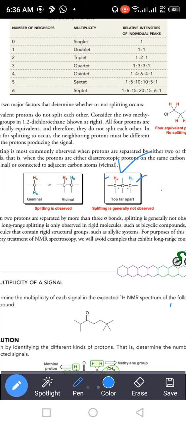So we say that these two protons generally do not split each other. Distance is far away. Generally speaking, when two protons are 2 sigma bonds or 3 sigma bonds apart, they will split with each other, but the condition is that the neighboring protons have different chemical environments.